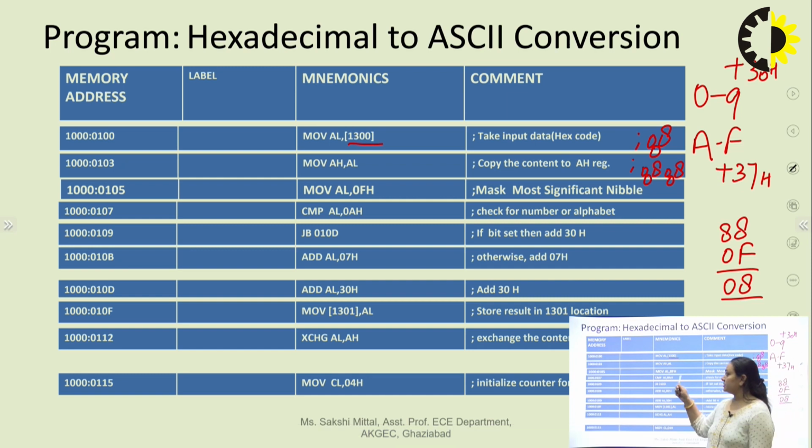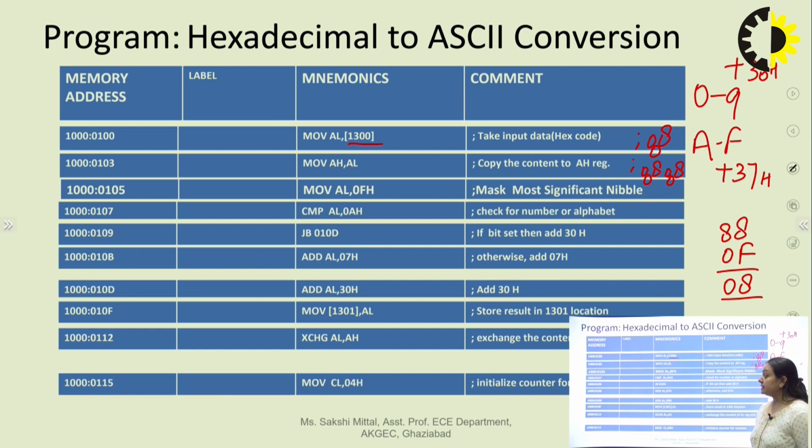Now just compare this with 0A. Why am I performing the comparison here? I want to know whether my input lies in the range 0 to 9 or in the range A to F. So I have compared AL, that is the input, here 08, with 0A.